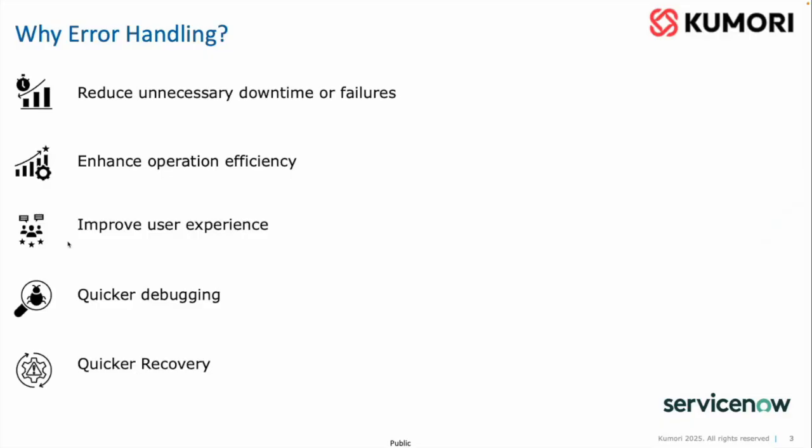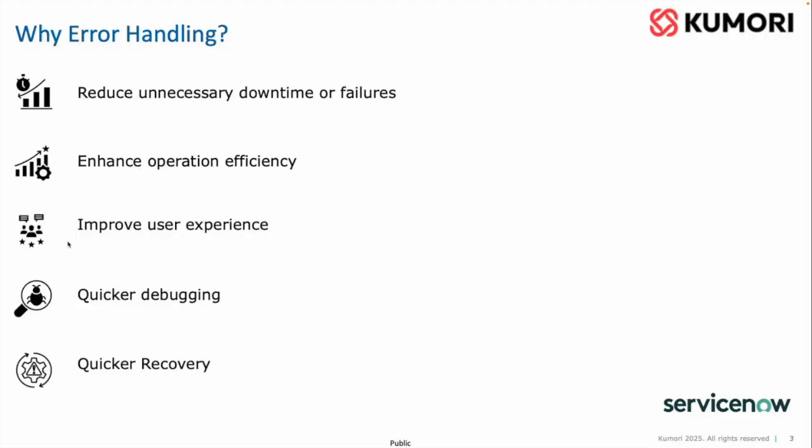Okay, the question: why error handling? A few points here you can see why we would choose error handling. First, it reduces downtime or failures, as we'll be handling the errors gracefully and let the flow run to completion, or put a workaround if there is an error or exception found during the execution.